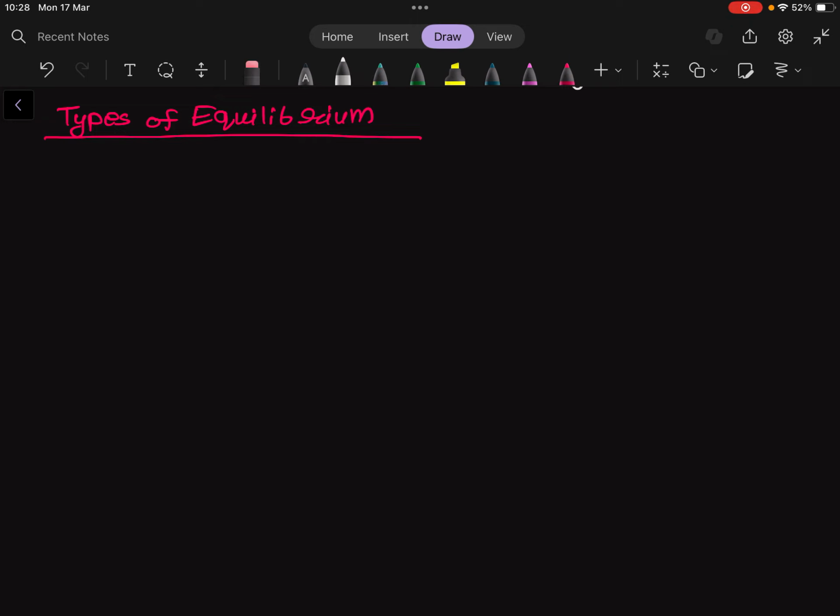So we can say it as stable equilibrium, neutral equilibrium, and unstable equilibrium. So let's define the case of stable equilibrium first.